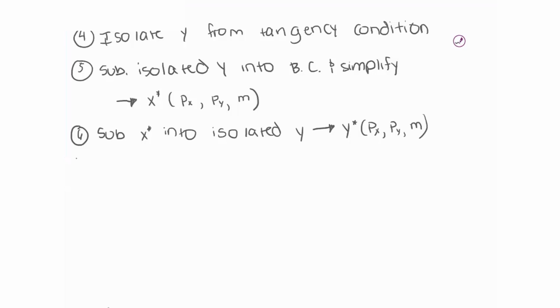And so the very last thing that we want to do is to take the actual numbers for prices and income and plug those into our demand functions for x and y. What that'll give us at that point are the actual final numbers of x and y the consumer is going to choose to make themselves as happy as possible.